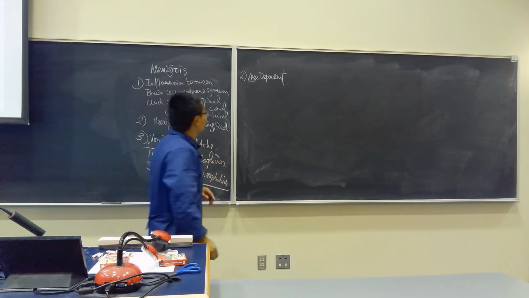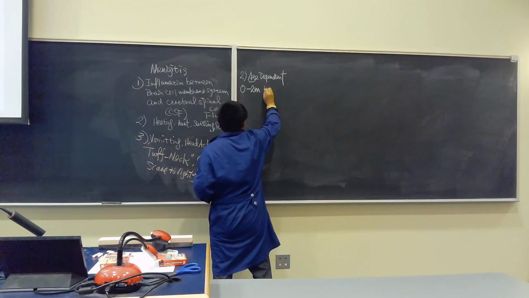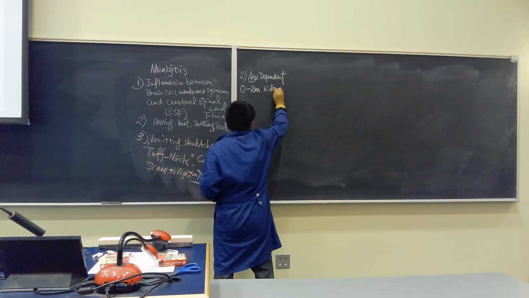So we want to talk a little bit in detail. If it's 0 to 2 months, newborn kids, which pathogen will cause meningitis? Lots of you have heard about it. It's called GBS. Group B, Streptococcus agalactiae.